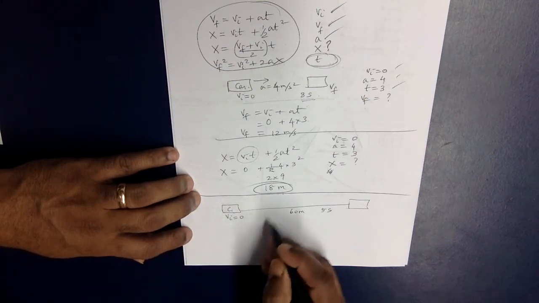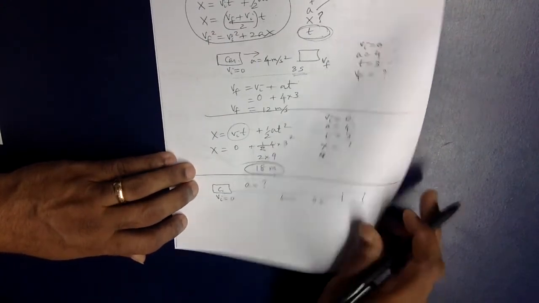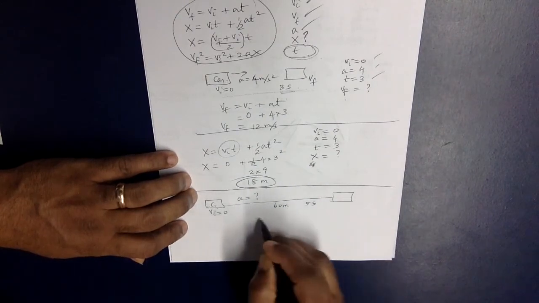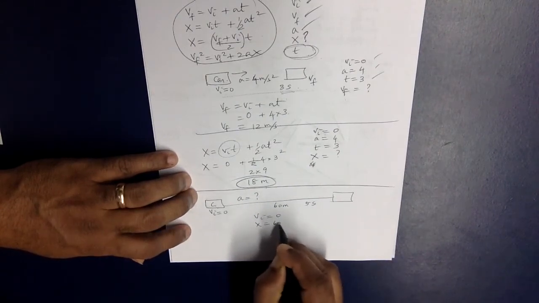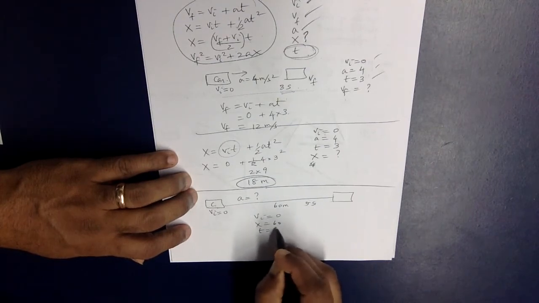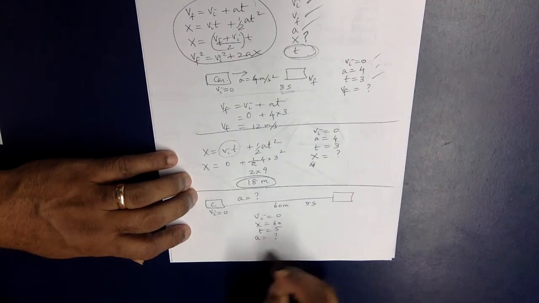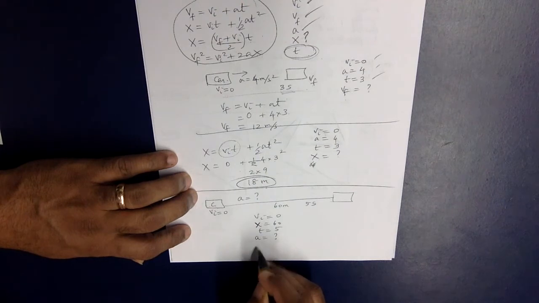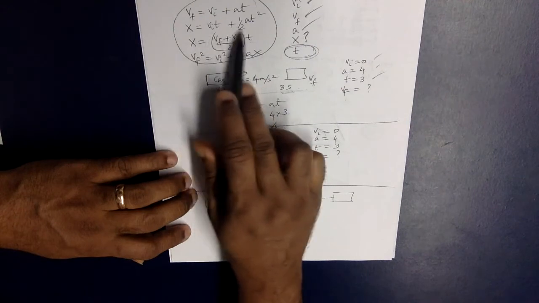The question is, what is the acceleration? So what you have to do over here is, your initial velocity is 0, displacement is 60, time is 5. Now you need acceleration. What is the thing that is not mentioned here? Final velocity.